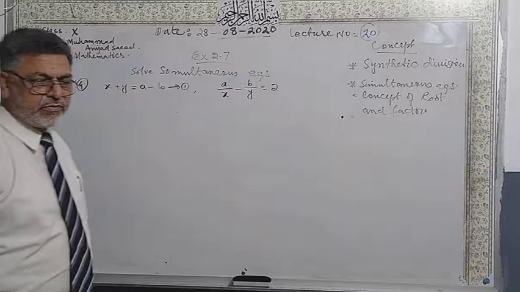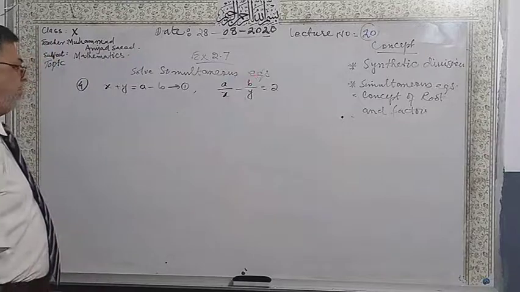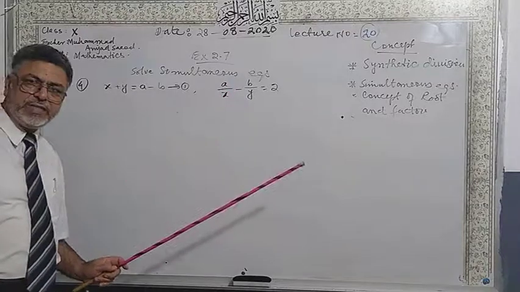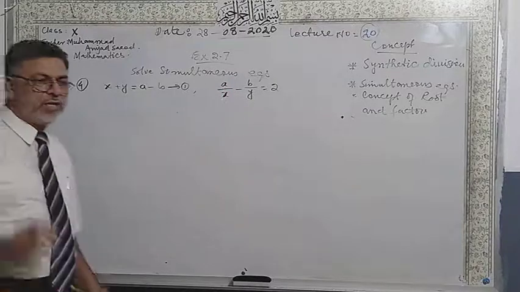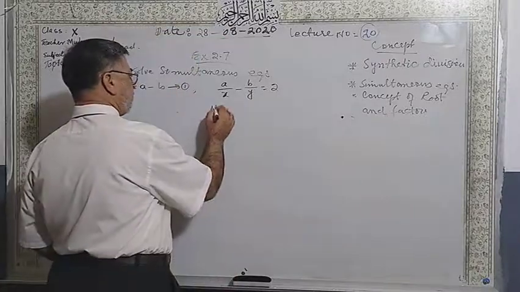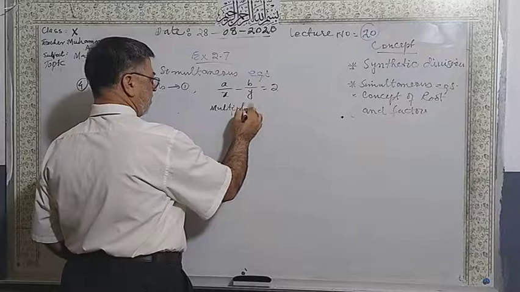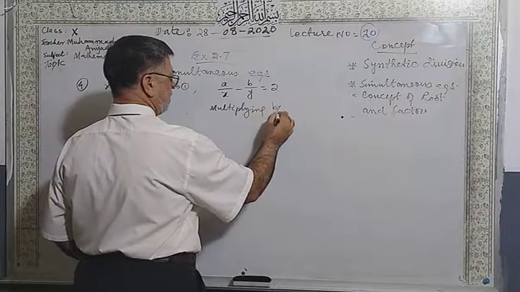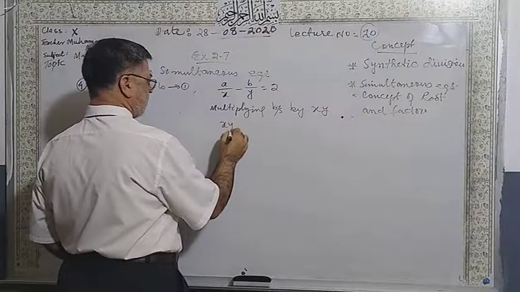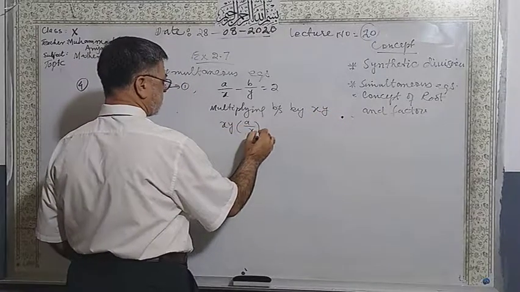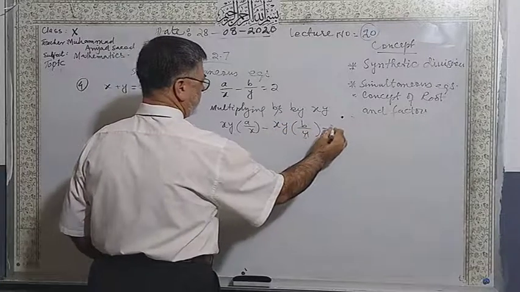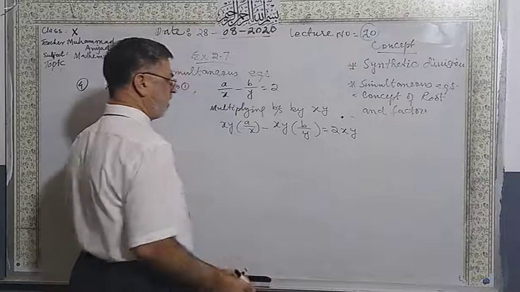You know that in this equation, what is LCM? x and y, they are different numbers. So LCM is always taken by multiplying the different numbers. So multiplying both sides by xy: xy into a over x minus xy into b over y is equal to 2xy.